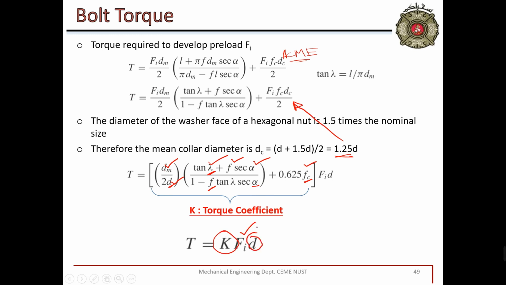This d is the diameter of the bolt that you are using. After multiplying all these parameters, it will give you the torque that actually exists in the bolt. Because this value is known, to apply this amount of Fi, you need to apply this amount of torque.